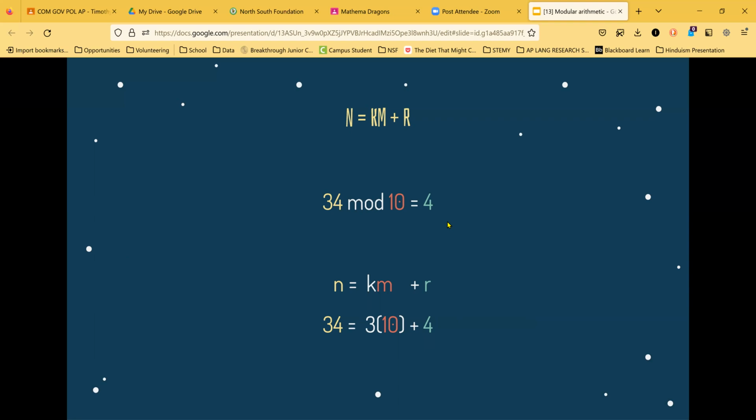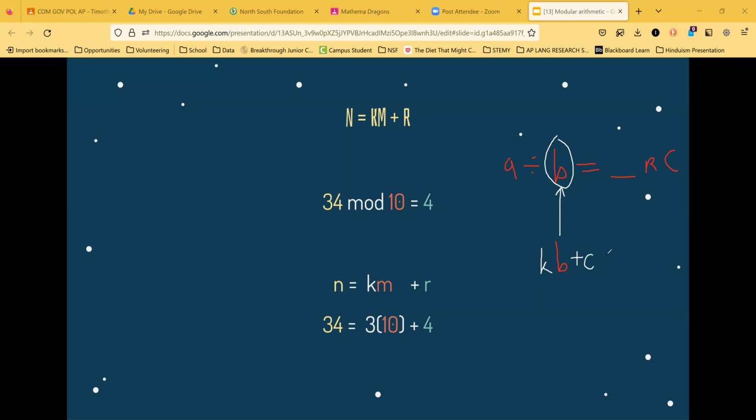If a divided by b is equal to something remainder c, then we know that there exists some number k by which we can multiply b, and then we can add that remainder to it in order to get a.